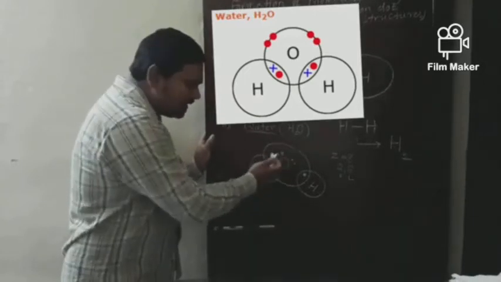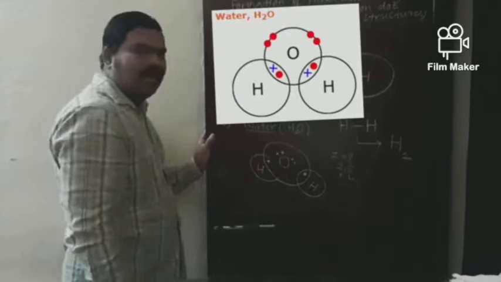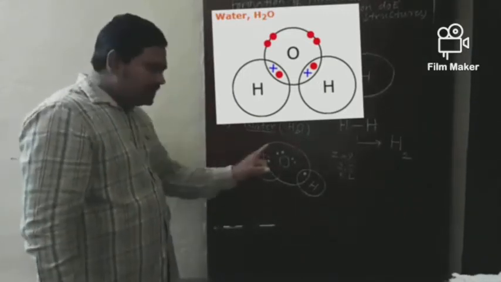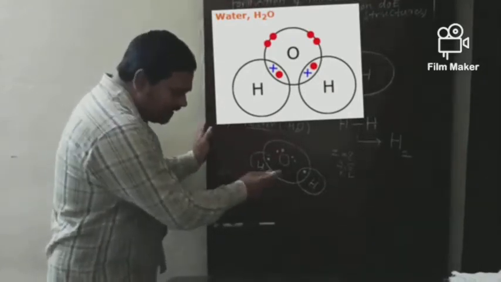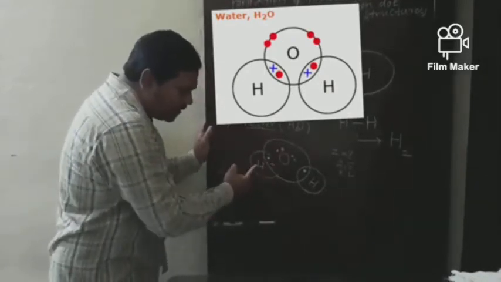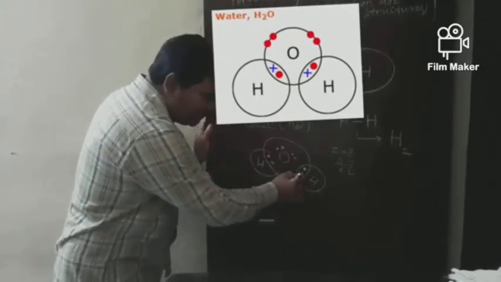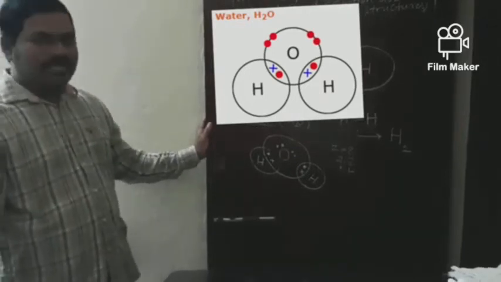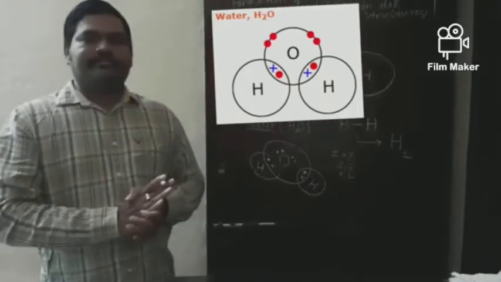And these electron pairs which are not involved in bond formation are called lone pairs. These electron pairs are alone. And from the hydrogen side, 1 electron is contributed towards this oxygen, and the second hydrogen also contributes 1 electron towards this oxygen, so as to attain the nearest noble gas configuration.